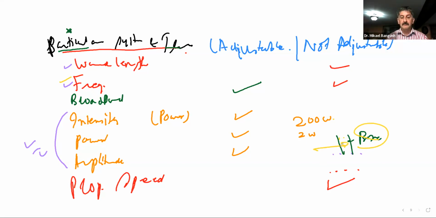That's not how it works. So propagation speed is not adjustable. Did that make sense?